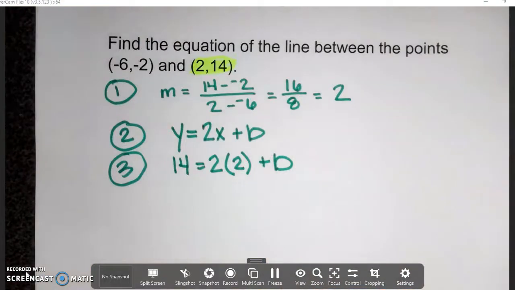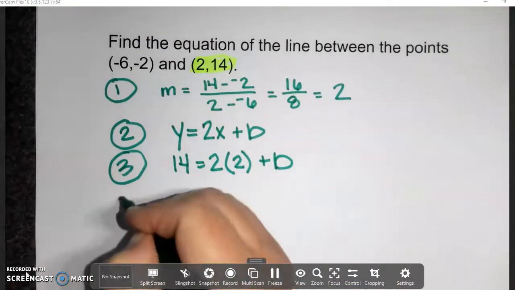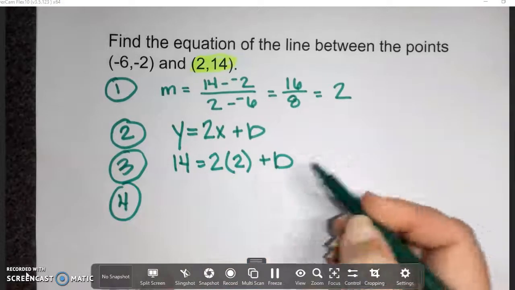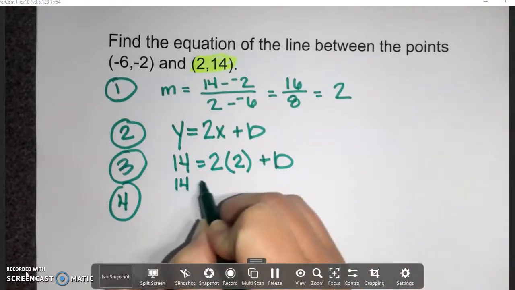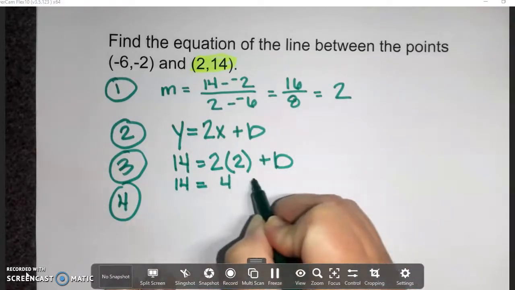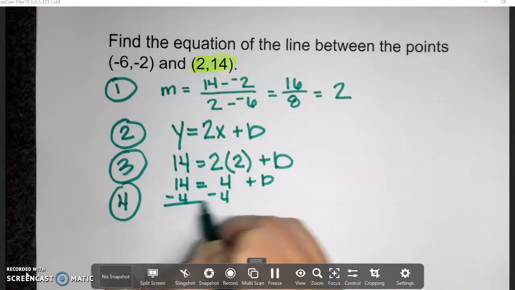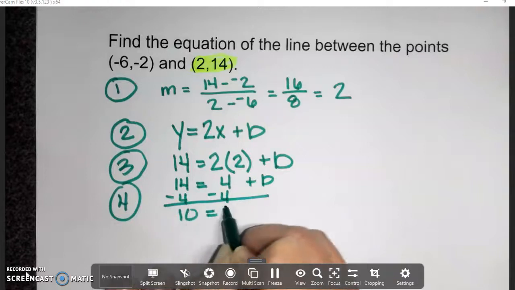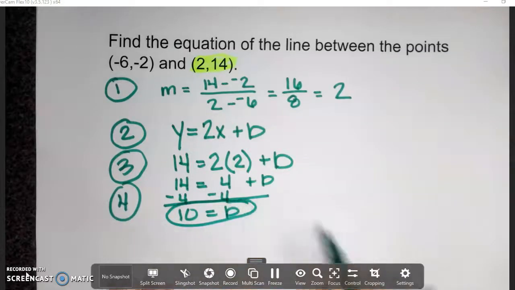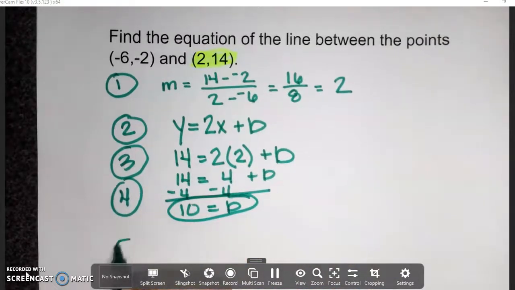Okay? And I want to, step 4, I'm going to solve for b. So I now know that 10 is b.